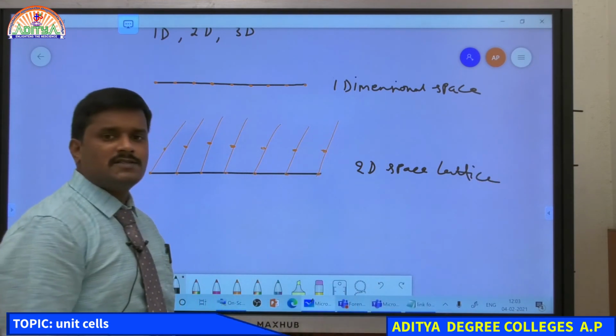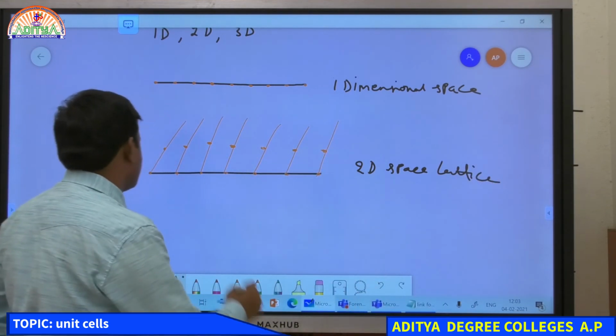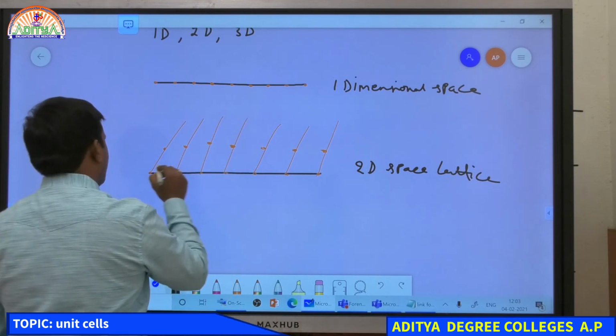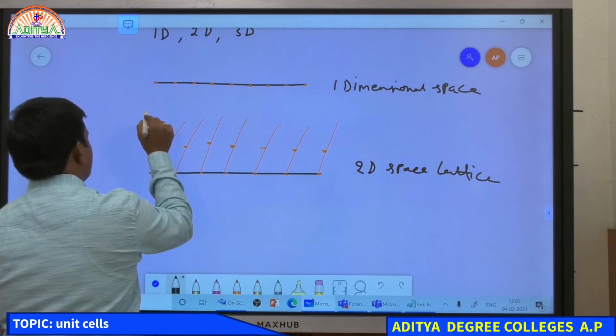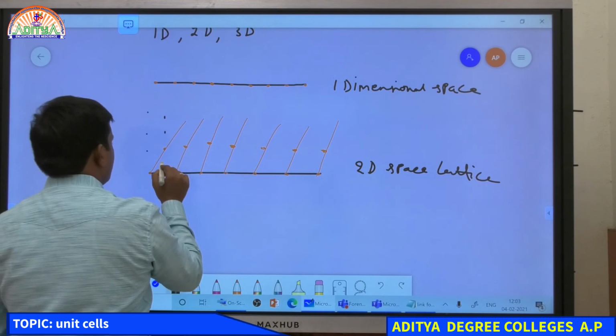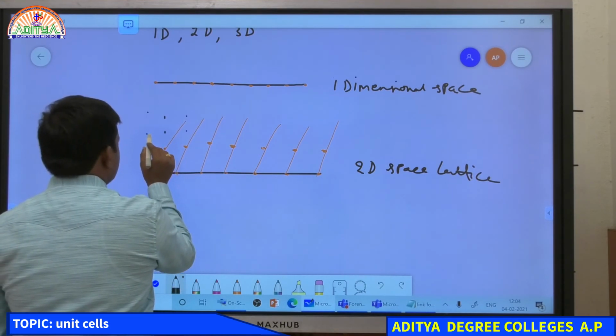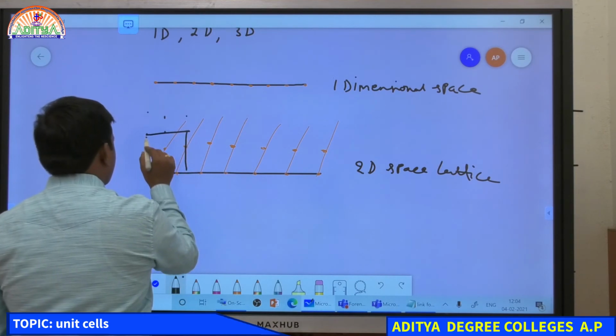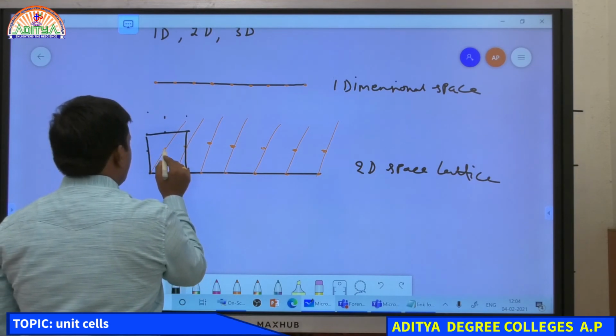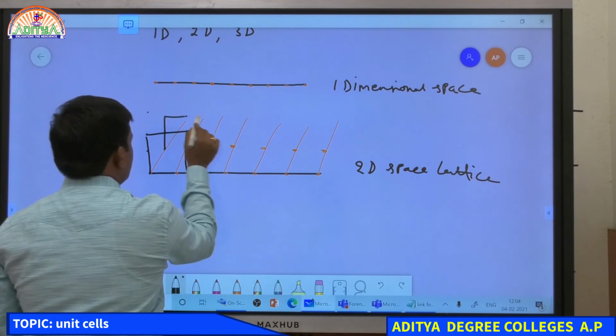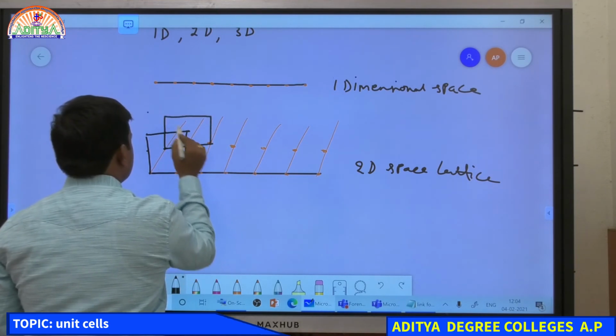If points are arranged in three directions, that is along x, along y and also along z, then this is the first one and this is the second one.